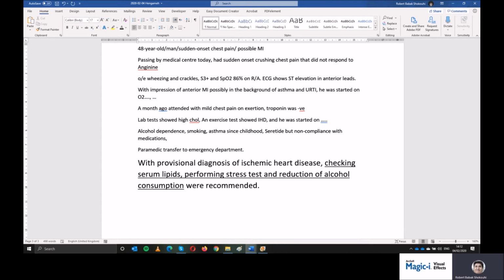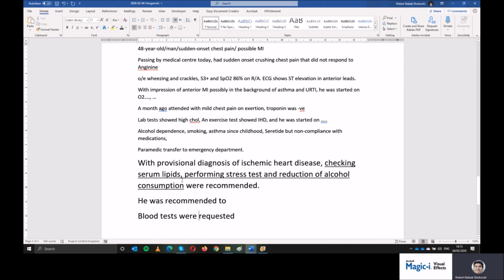So he was recommended to, or you can say, blood tests were requested.